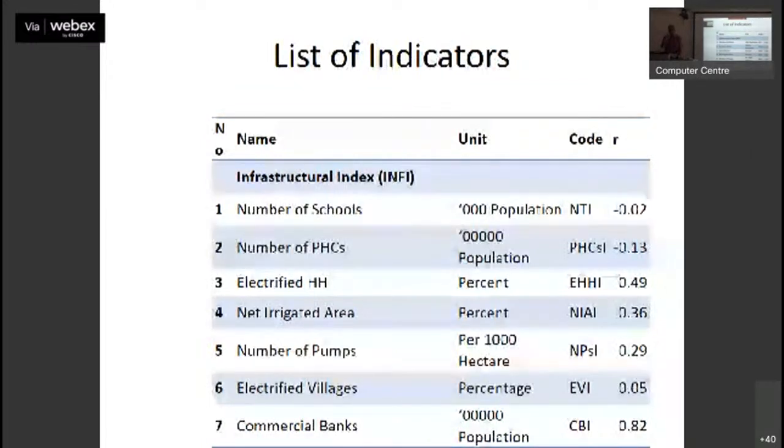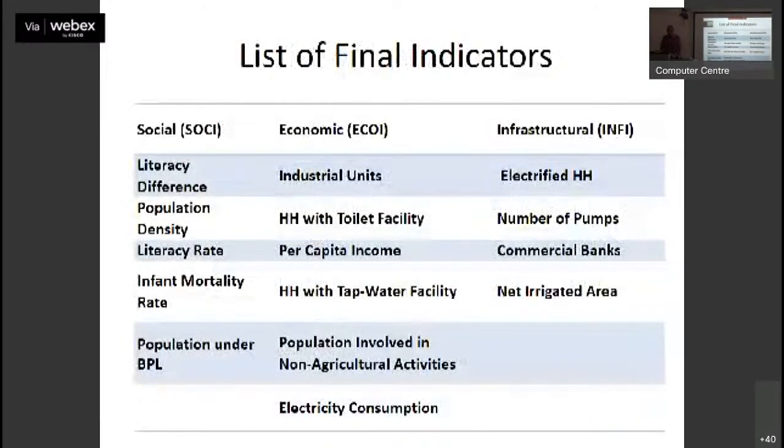So these are the three categories of variables we have selected: economic development, socio-demographic, and then infrastructure index. Finally, this is the list of the indicators under different categories: socio-demographic, economic development, and infrastructure development.